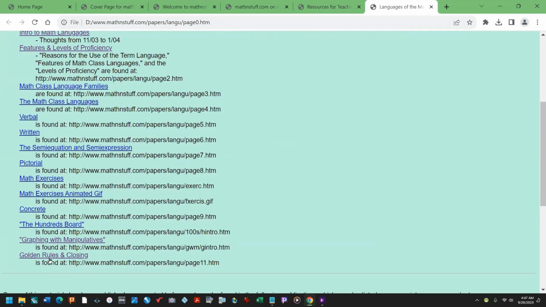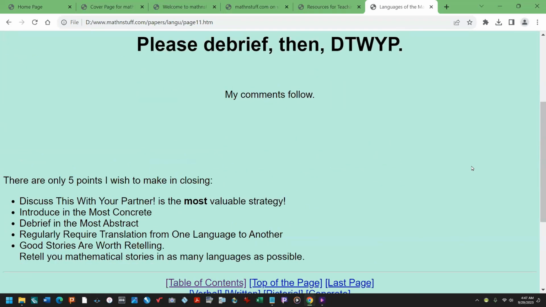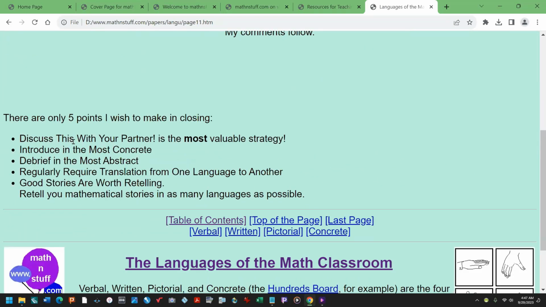The golden rules. Discuss this with your partner is the most valuable strategy if you're dealing with a group situation. Discuss this with yourself is the most valuable strategy at any time. Other important ideas. Introduce in the concrete, the most basic.